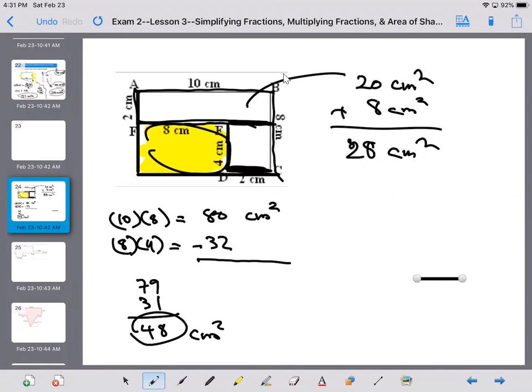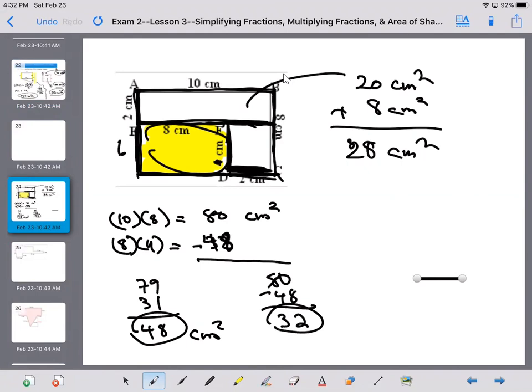Okay, so if I'm wanting to subtract this rectangle here, if the entire piece was 10 and this was 2, that does make 8, and this entire piece is 8, and that's 2. That should really make that 6, not a 4 there. And so that 8 times 6 is 48. And so 80 take away 48 should be 32.